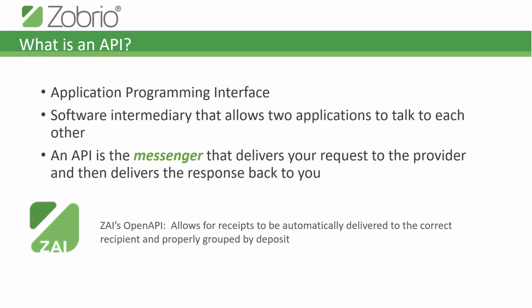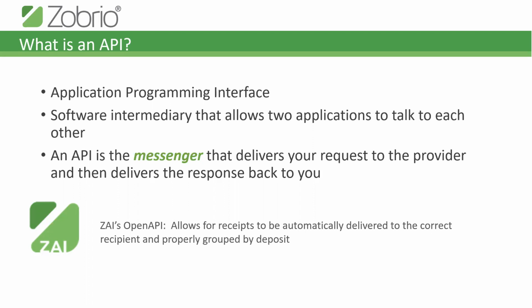So that leads us into this topic, as Colleen mentioned, where we're going to talk today about an API. What is an API? It's a term that's commonly used in the industry and being used more and more. So we want to get a basic understanding of an API.